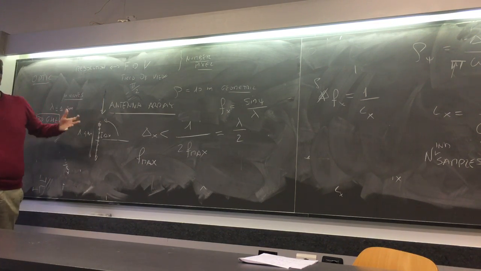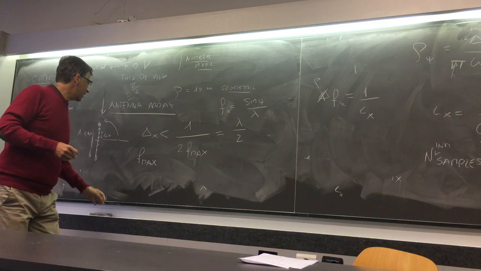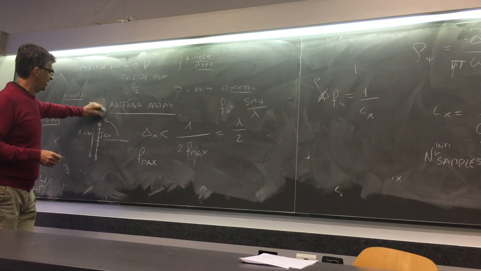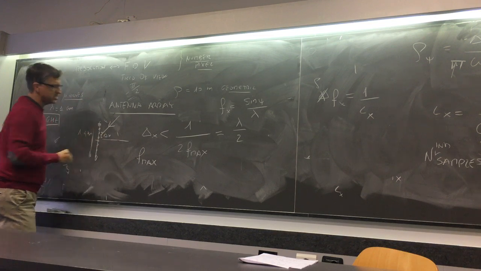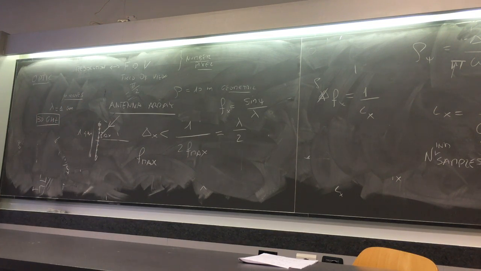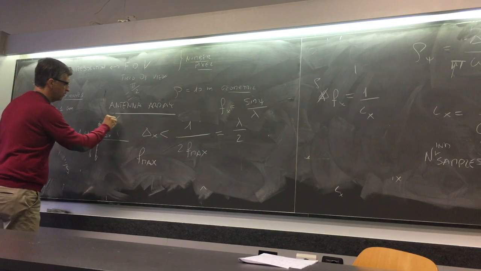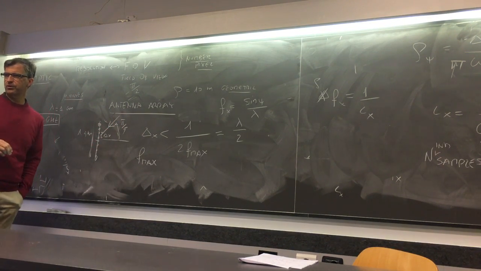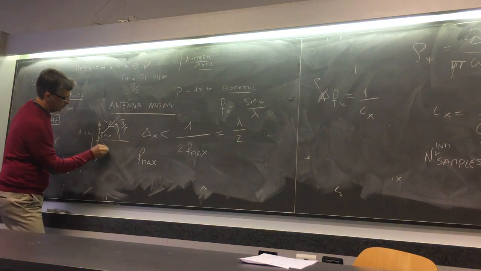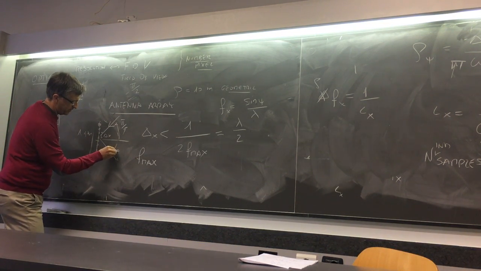even if the signal comes from this angle, okay? But you can make a better arrangement, knowing that the maximum angle is this one, because the field of view is limited to plus or minus pi/4, okay? So it's pi/4 here and pi/4 here.